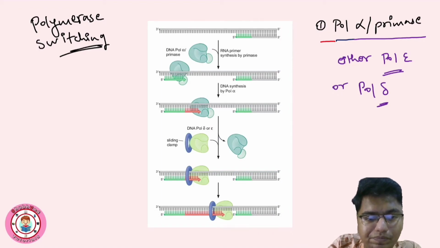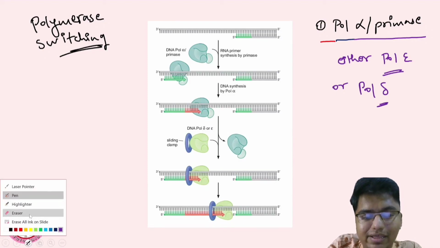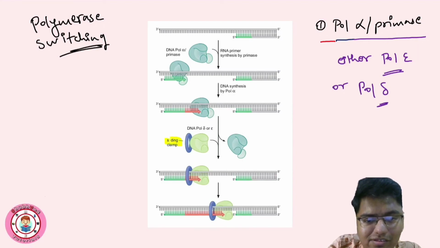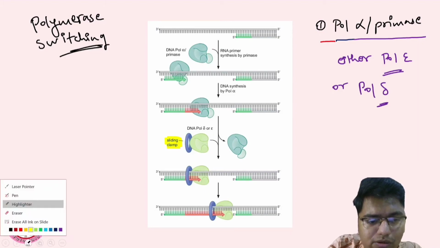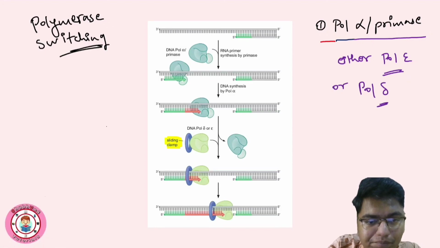As we saw in the prokaryotes also, DNA polymerases require a sliding clamp and clamp loader, right? We can see here this polymerase is with the sliding clamp. We know that the sliding clamp increases the processivity of these DNA polymerases, delta and epsilon. This sliding clamp is also known as the beta clamp. In eukaryotes, the protein that works as the sliding clamp is PCNA.